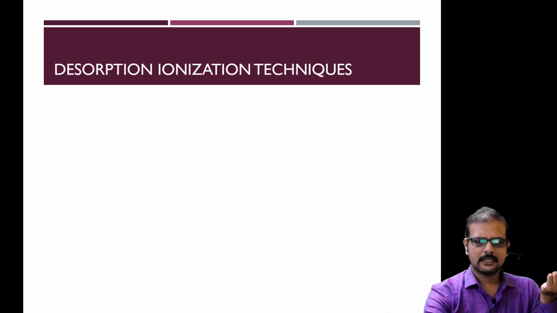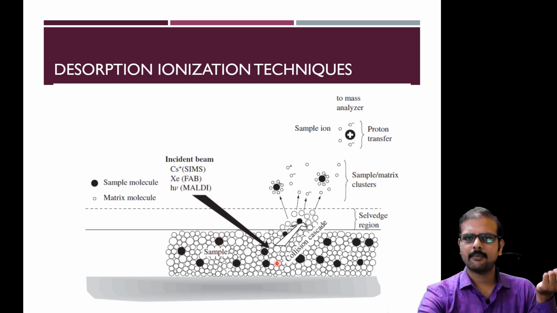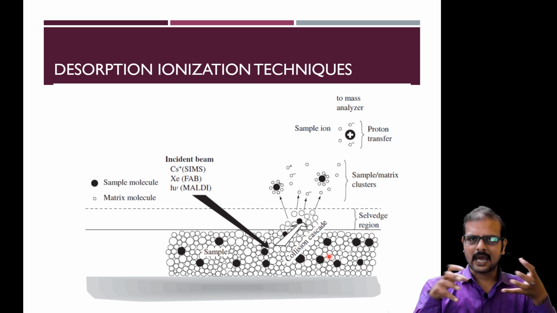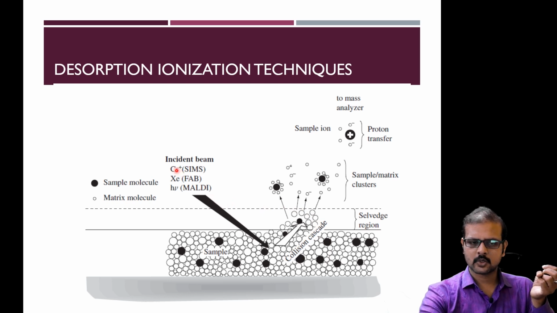We can see here that the matrix is the white balls, where we have introduced our sample like black balls. The matrix has our sample inside, which is ionized or heated either by an ion source like in SIMS, by neutral atoms like in FAB, or by a photon of energy like the nitrogen laser beam in MALDI.